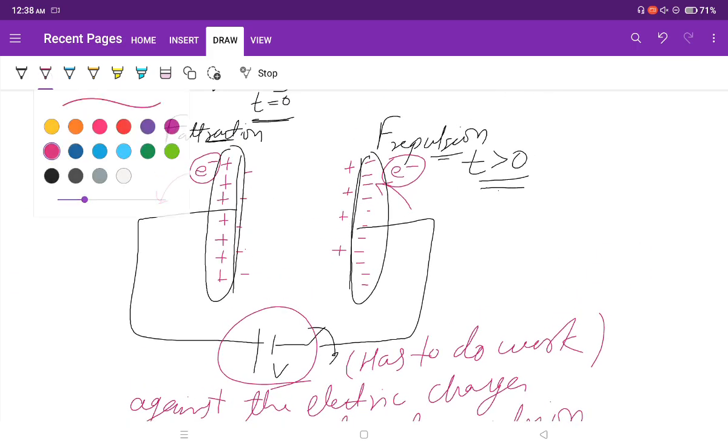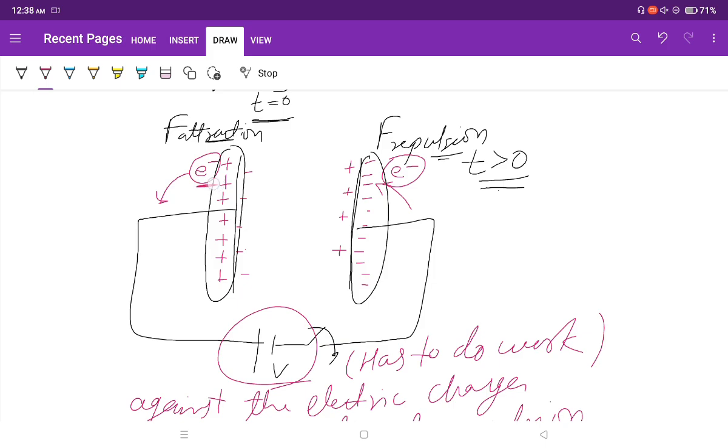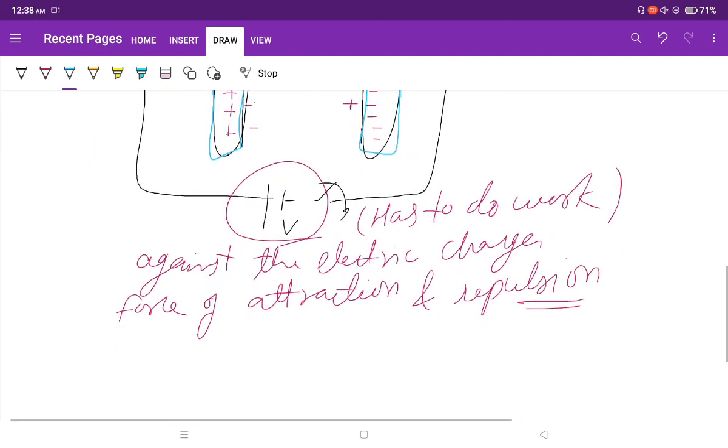Correct? It is not easy to take this electron or inject this electron against these charges. Here there is a force of attraction, as positive attracts negative, and here a force of repulsion, as negative repels negative. Correct?